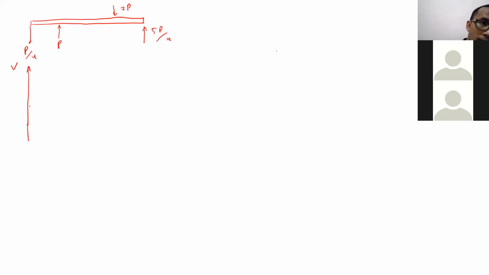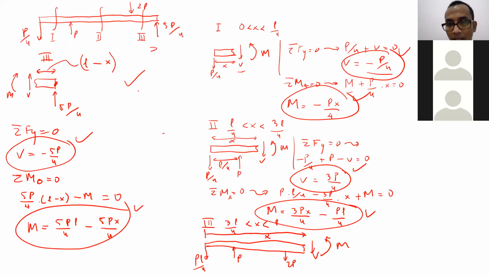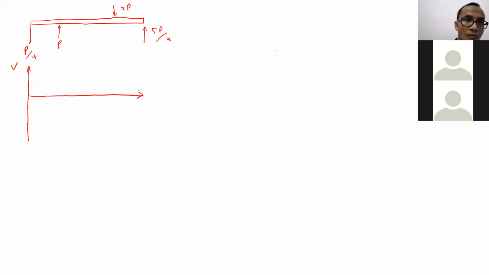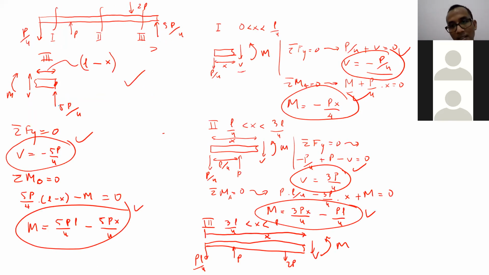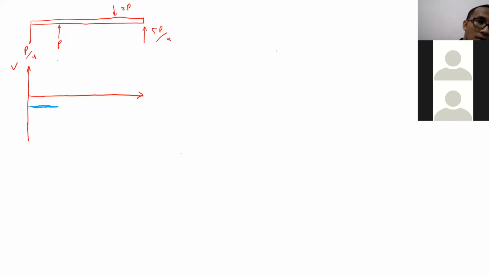The first section is minus P over 4, so let's draw it. It's supposed to be this one. Minus P over 4. Then after that, the second section is 3P over 4, positive, so roughly here.